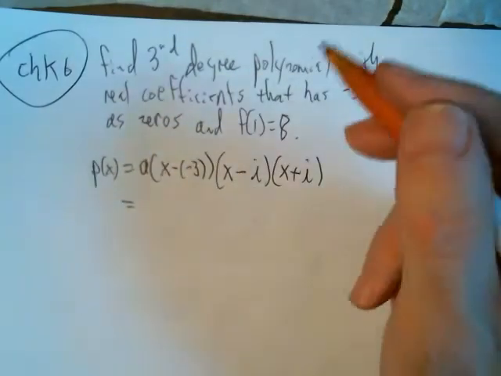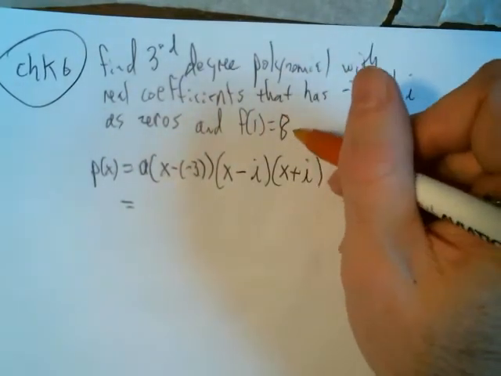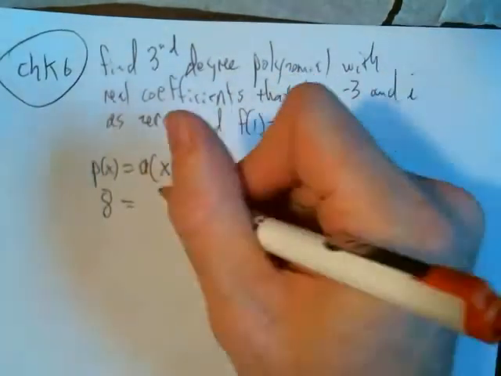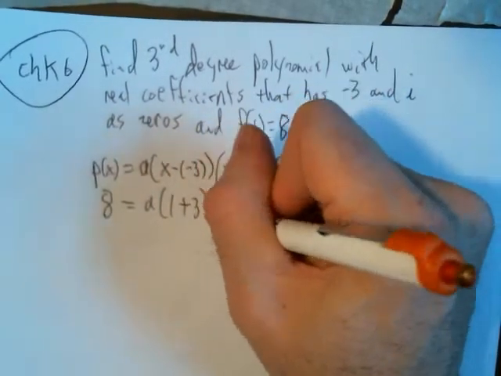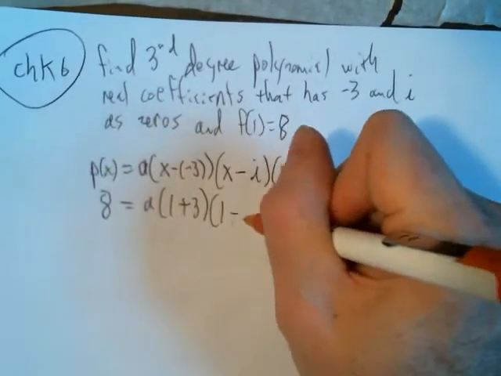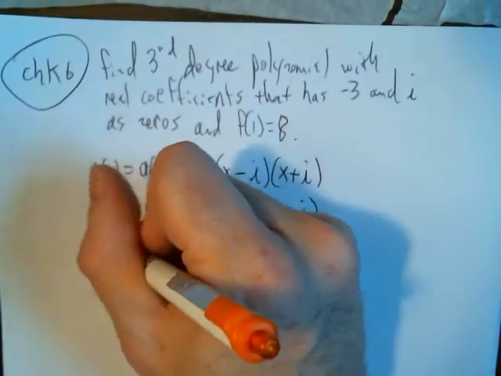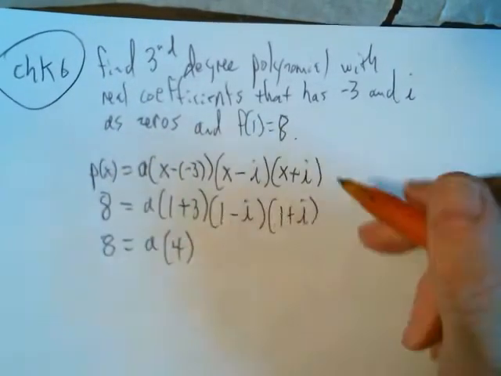Well, first maybe we should figure out what this a is. I think it'll be a little easier. So if you plug 1 into this formula, the output is going to be 8. So it'll be a times 1 minus -3, which is 1 plus 3, and then 1 minus i, and then 1 plus i. Okay. So let's multiply out the conjugates first. 1 plus 3 is 4.